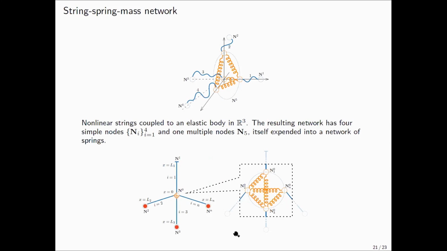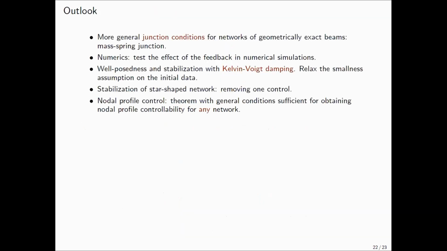And we consider for this kind of network, here you have a star-shaped network, a controllability problem where you control all the simple nodes except one which has some delicate boundary conditions. And so for future work, it would be interesting to see how to model this kind of junctions and see this kind of controllability problem for geometrically exact beams instead of strings.